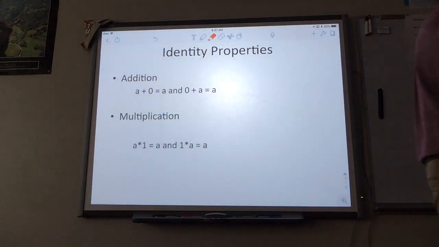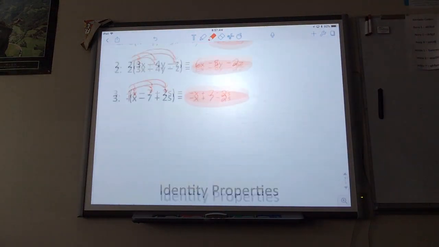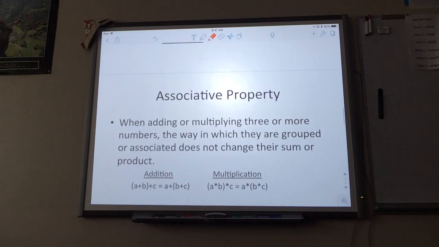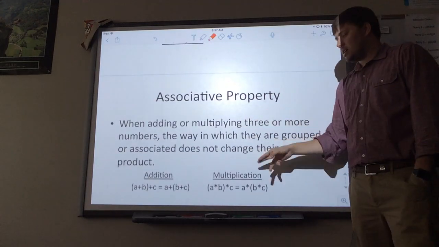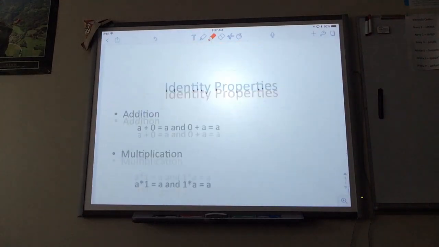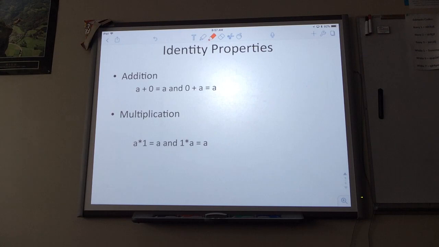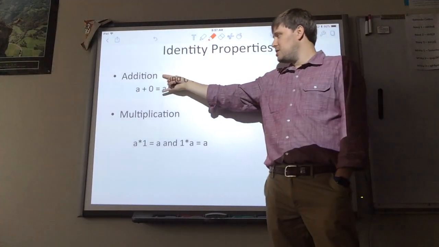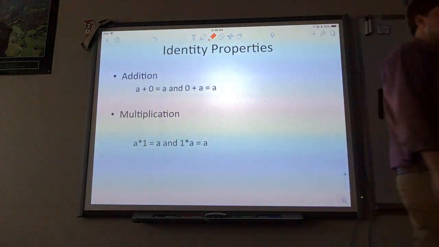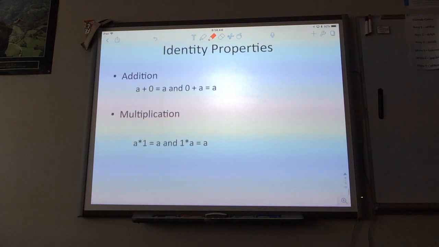So the identity and multiplication ones are different, which is the only time on this entire lesson that the addition and multiplication are different. The rest of the times, it's the same property the whole time. Okay, so that's the identity property. It just means the beginning amount doesn't change. What do I add for the beginning amount not to change, and what do I multiply for the amount not to change? Okay, and that is the end of the lesson.